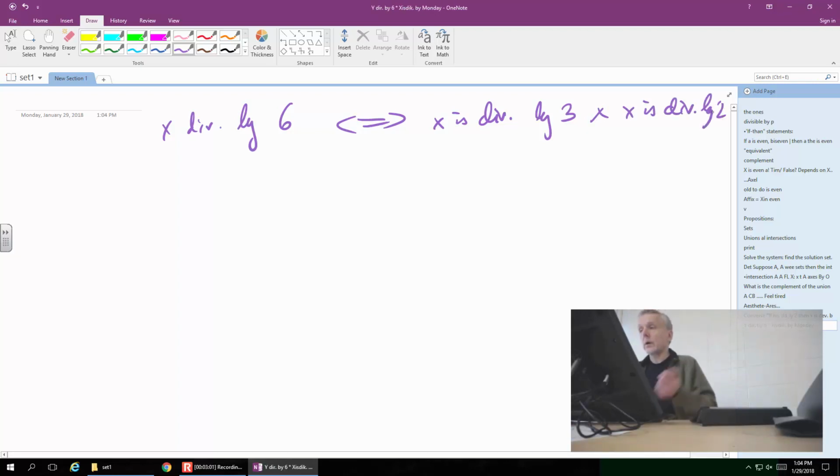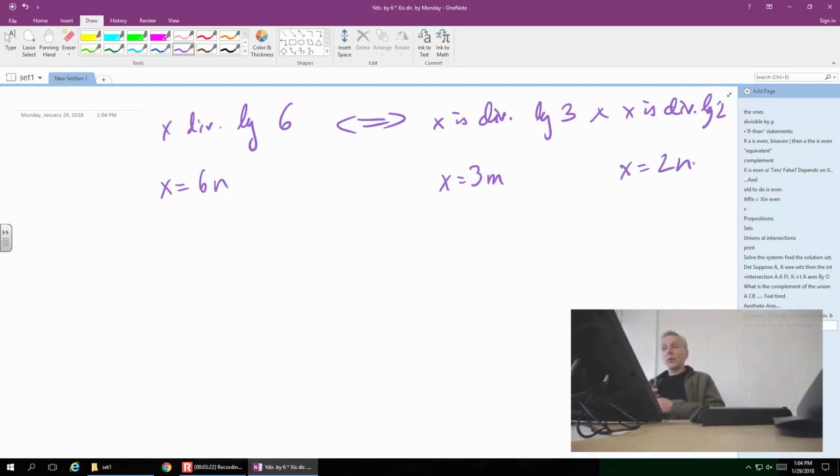Okay, so you can certainly go from one way to the other and back. So x is divisible by 6: x is equal to 6n. And this: x is equal to 3m. x is equal to 2k. So these are the definitions of these statements.